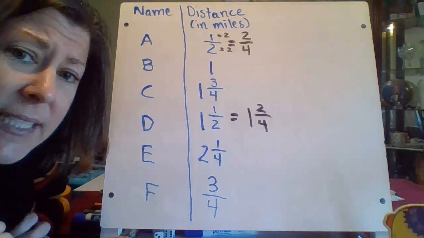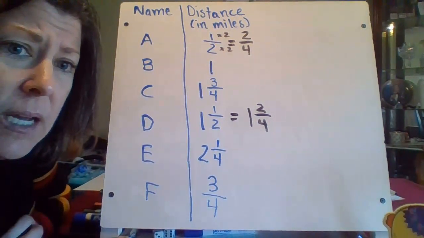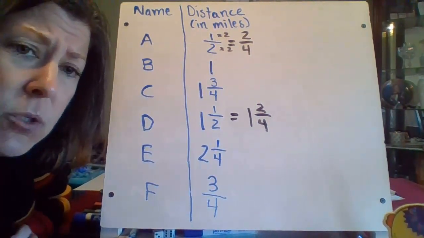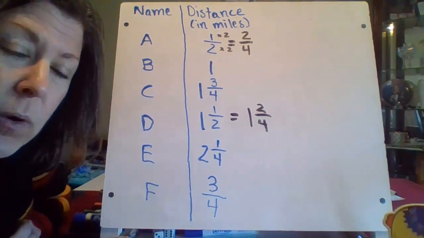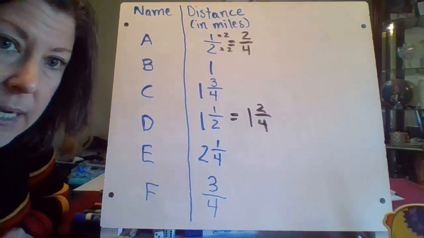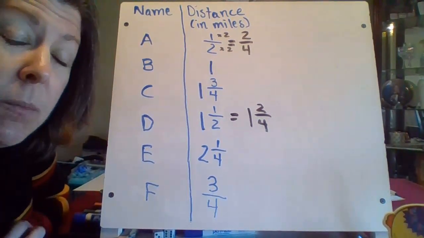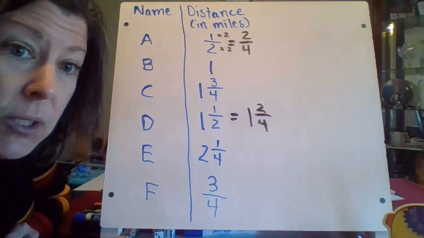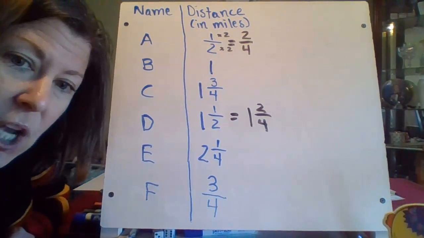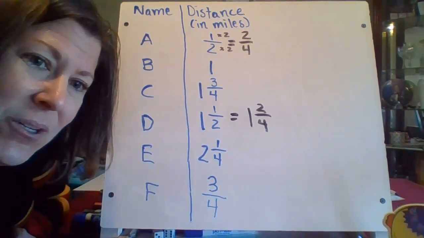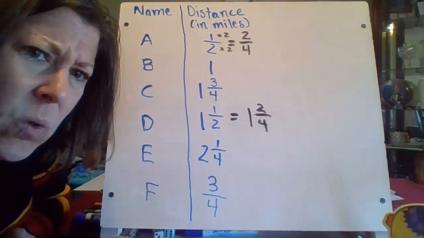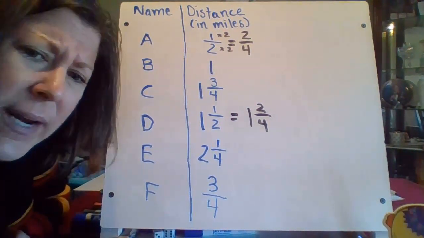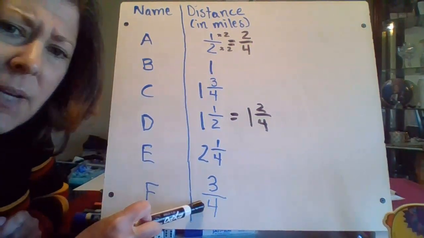So now let's think about the fractions and mixed numbers we have here, because the range is going to determine how I need to set up my line plot, which, remember, a line plot looks like a number line. I have numbers or fractions that are smaller than a whole, like 1/2 and 3/4.